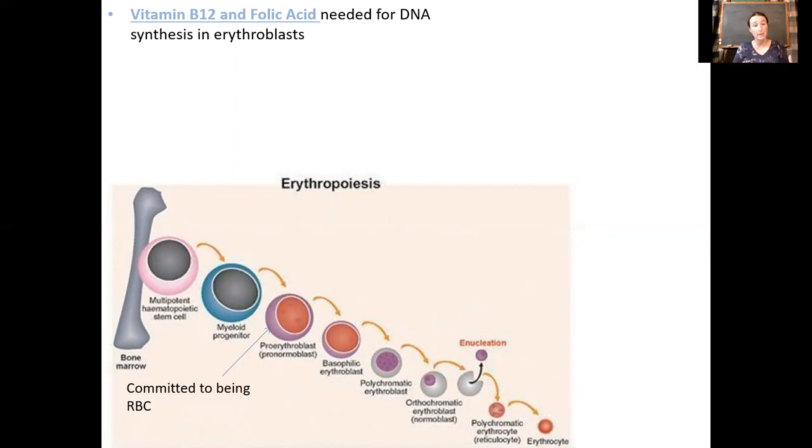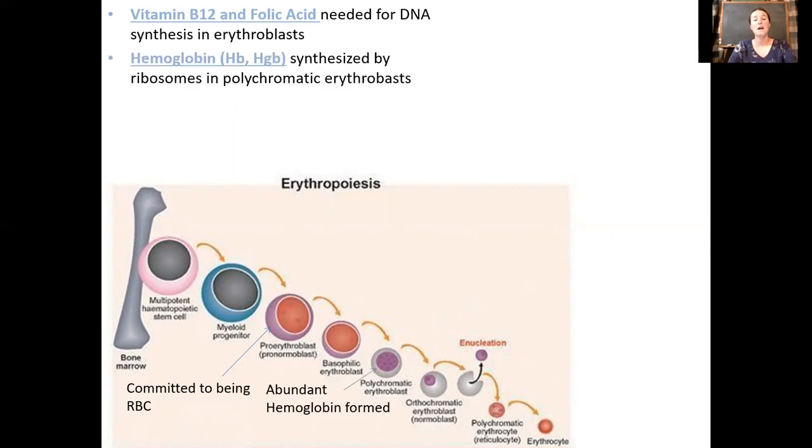If you don't have enough B12, that is, if you suddenly become a vegan and don't start taking supplemental vitamin B12, over time your reserve of B12 is going to go down and you won't be able to make enough red blood cells. Also, as this cell is continuing to develop, it's using vitamin B12 to ultimately make the DNA for these cells.